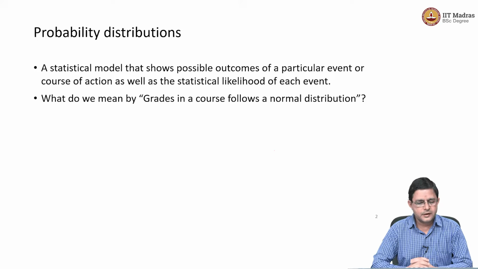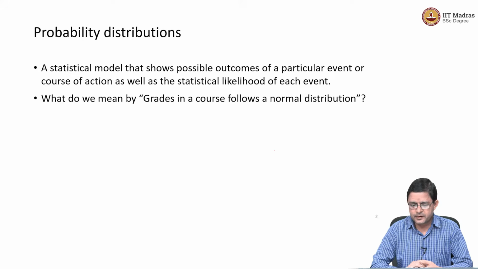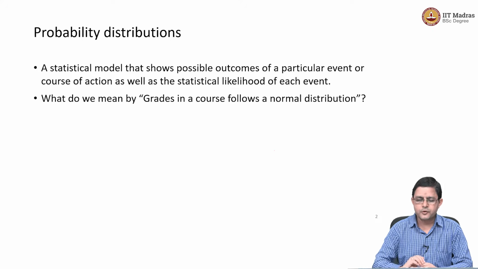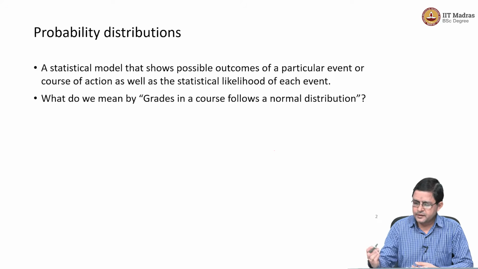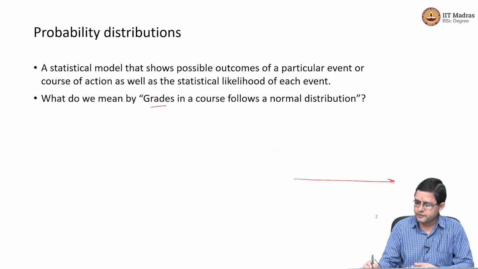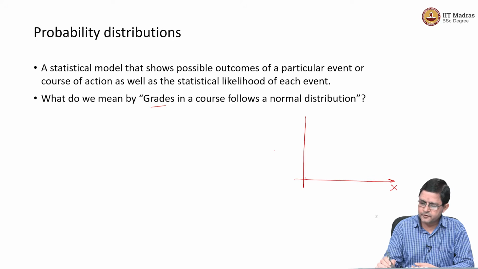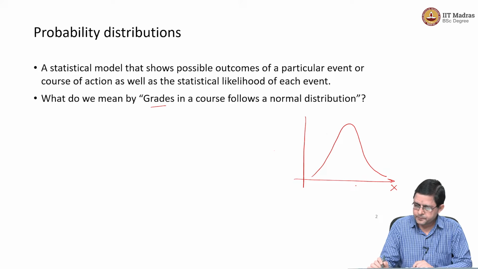So, for example, in academic settings we hear this quite a lot: grades of a course follow a normal distribution. What do I mean by that, right? Essentially, the random variable is grades here, grades out of 100, let us say, and it follows a normal distribution, which essentially means that we assume this is a nice bell shaped curve, right.